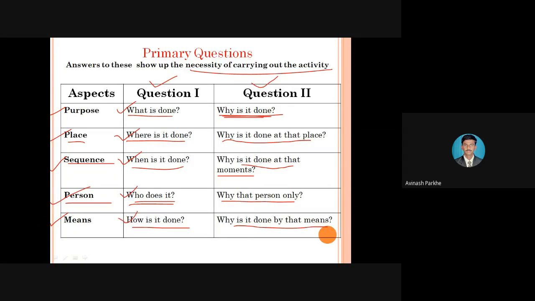But in question number 2, only why is asked. So in this question answering, whatever critical examination we are applying, all the 5 WHs are present, along with the 1 H, capital H, which represents the how. This how question is also present.